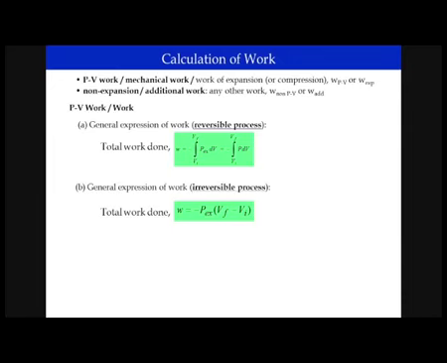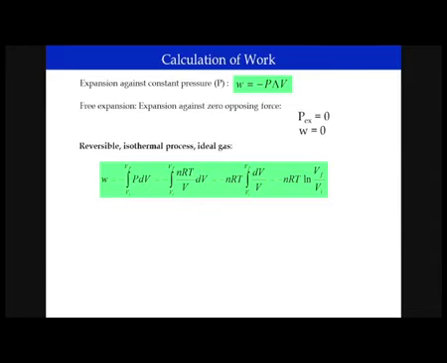For expansion against constant pressure, it is minus PΔV, V2 minus V1. For free expansion, expansion against a constant opposing pressure, P external is 0, so W is 0. And for a reversible isothermal process for an ideal gas we have seen that this is the expression for work.